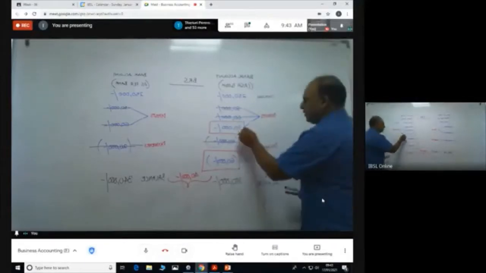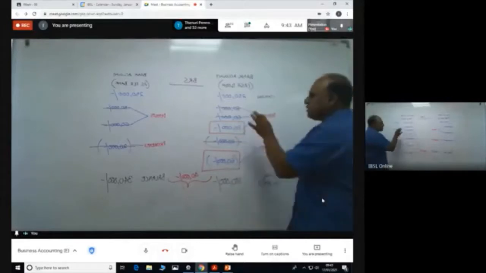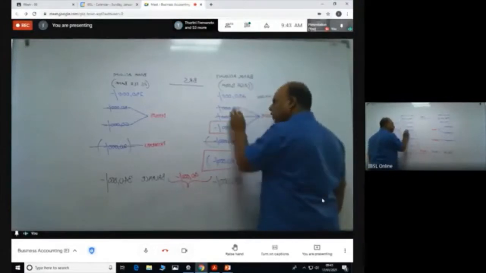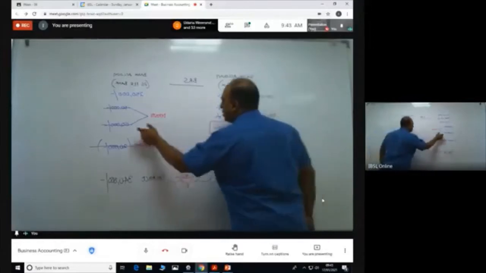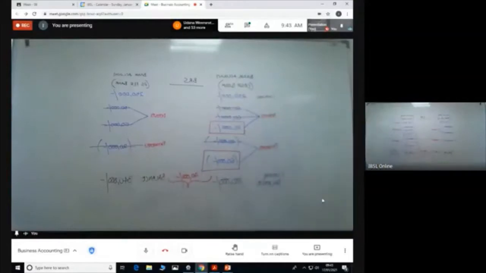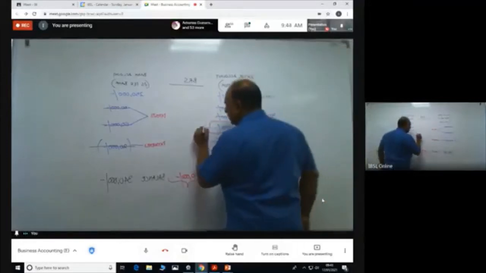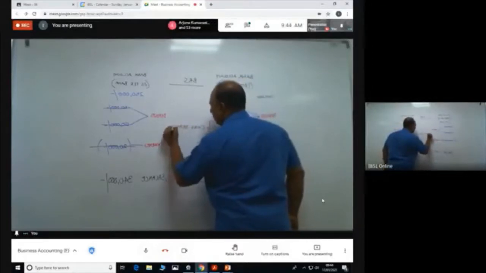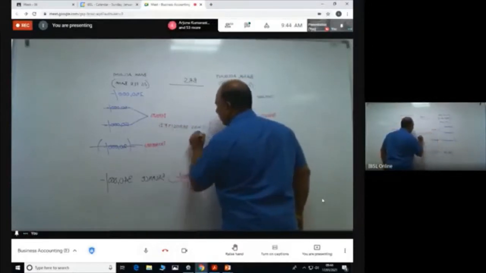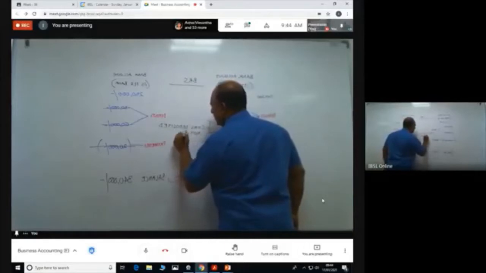What is this? This is a check that I have deposited in the bank account, but the bank doesn't show. What do you call it? Checks deposited, not yet realized.